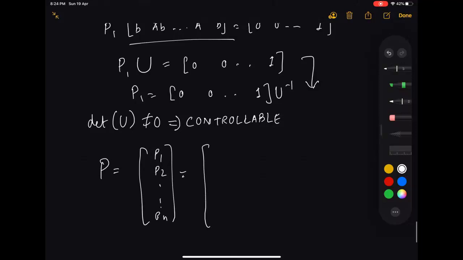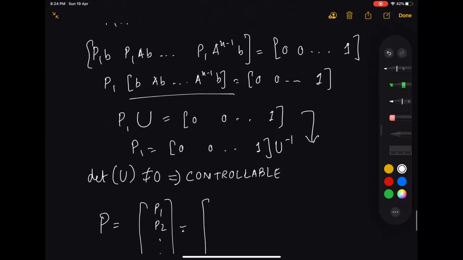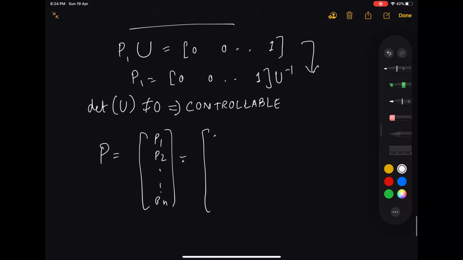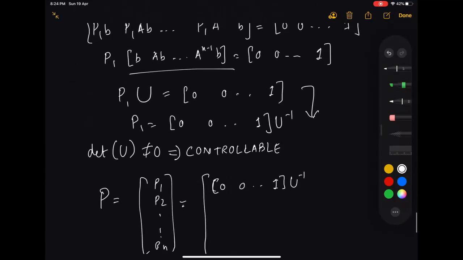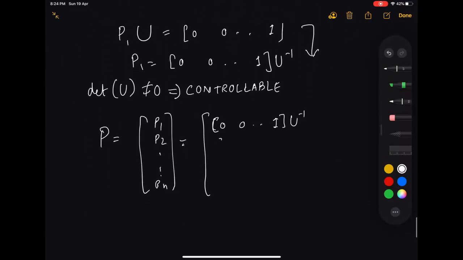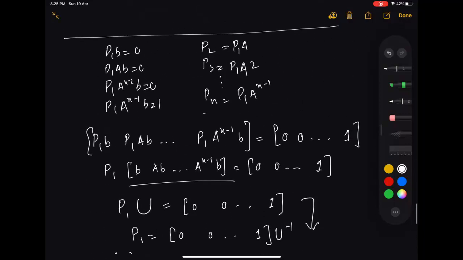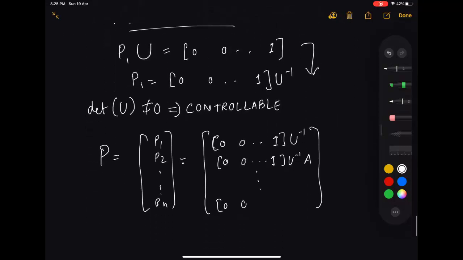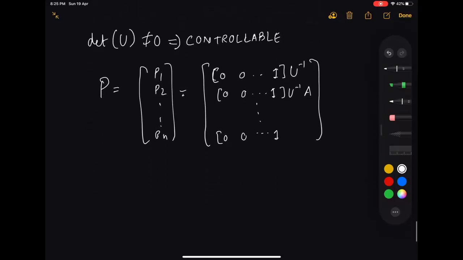So you have obtained your P1, which is 0, 0, 1 into U inverse, and your P2 is P1A, so that is going to be 0, 0, 1 U inverse, which was your P1, into A, and so on. So this is P1, your Pn is P1 A to the power n minus 1, so it's going to continue. So this is your transformation.